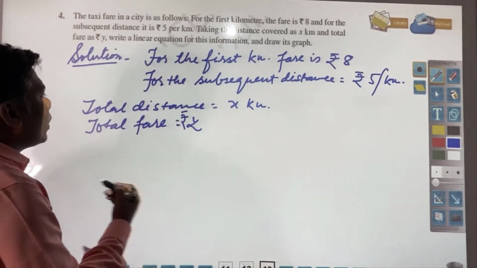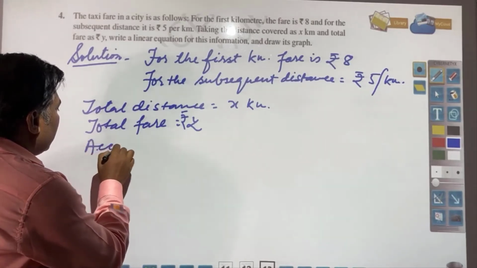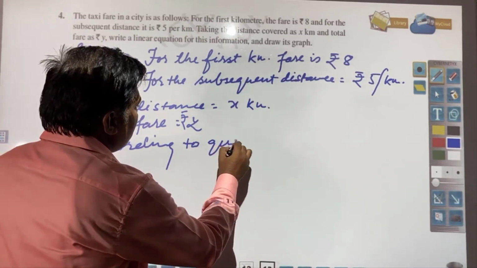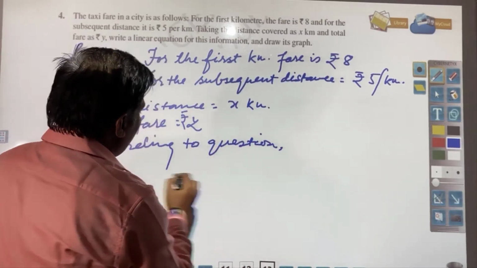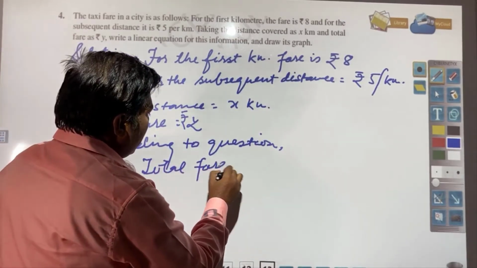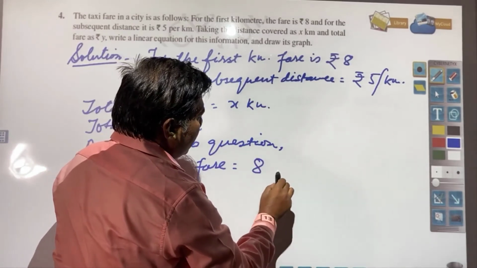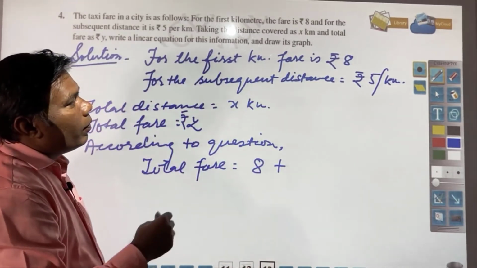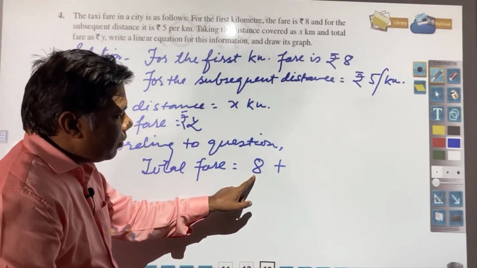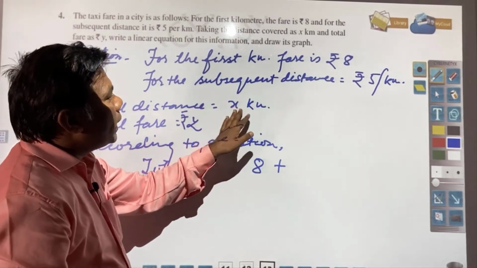So here you see, total fare will be what? According to the question, total fare will be equal to 8 rupees plus 5 rupees per kilometer. 8 rupees for the first kilometer, and total is x kilometer.